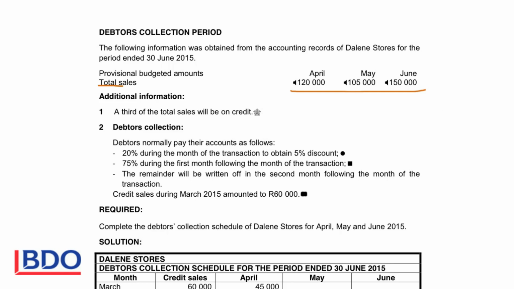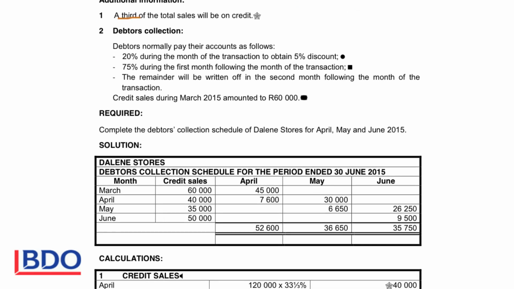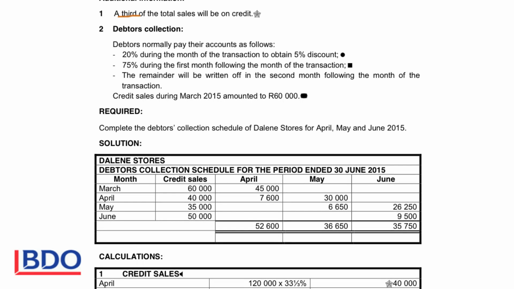So here they give us the information and they say a third of the total sales will be on credit. So first of all, we have to determine the total credit sales. If we look at the debtors collection schedule, we will have a column for the different months that we have to use to do calculations.